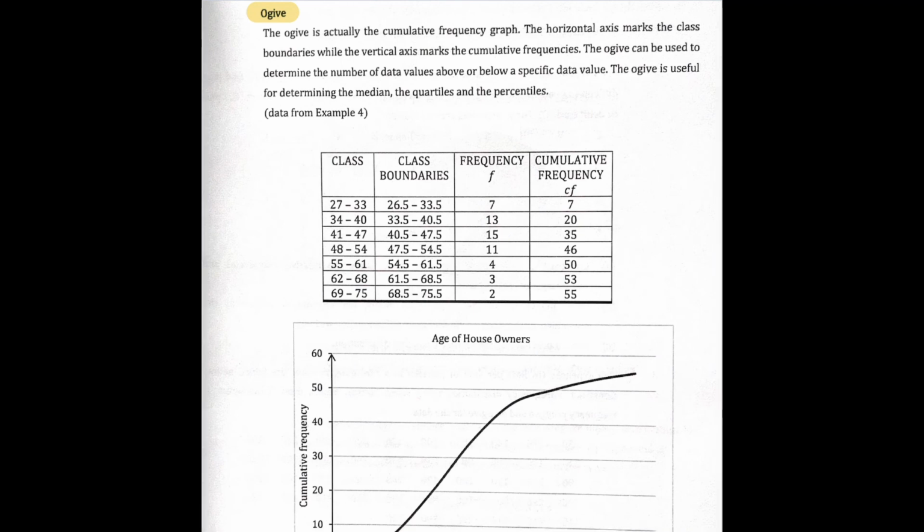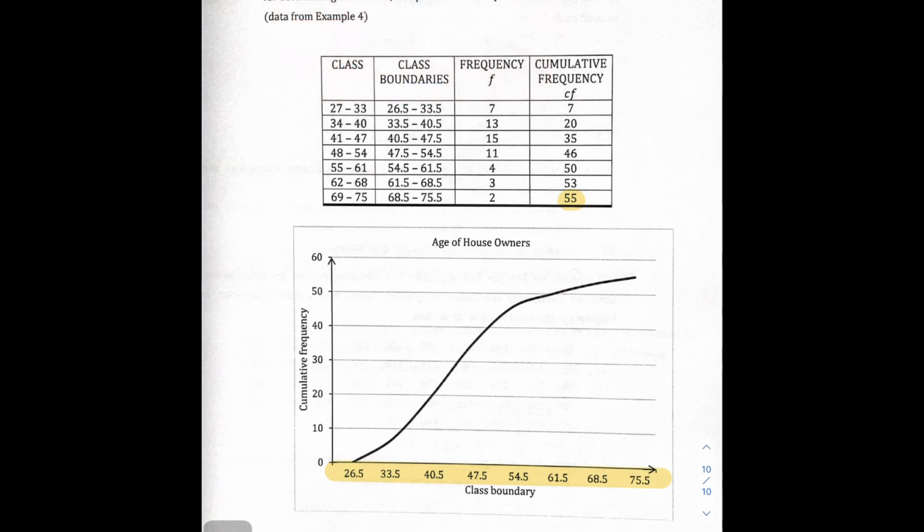And then up until the last one, which is equal to the total data that you have. Make sure the first number here, 26.5, is equal to the lower class boundary of the first class. And then the last number here, 75.5, is equal to the upper class boundary of the last class.